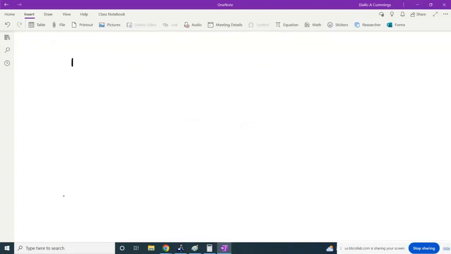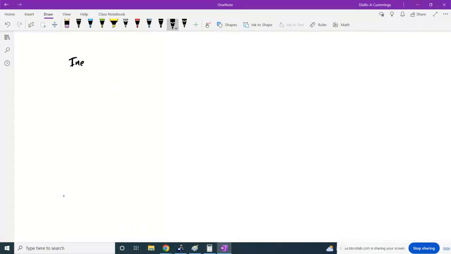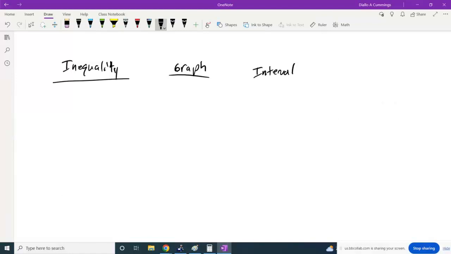So I'm going to write the inequality, we're going to make a rough sketch of a graph, and then we're going to convert that rough sketch of a graph into interval notation.